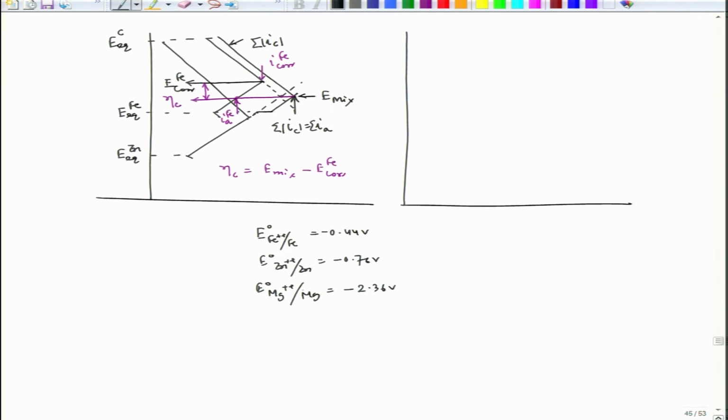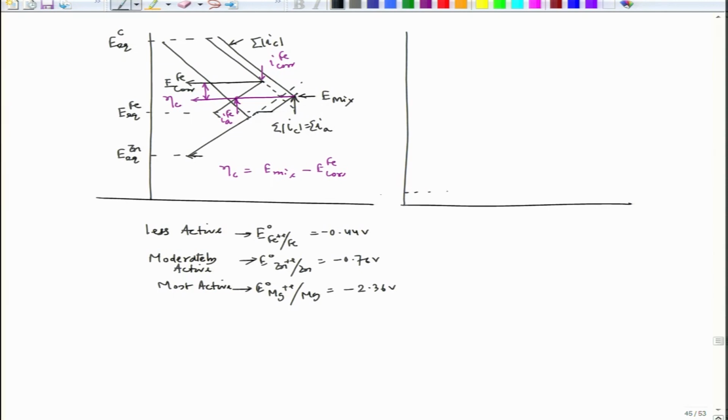So, I could see that if I compare the potential, this is the most active, this is moderately active, and this is less active.